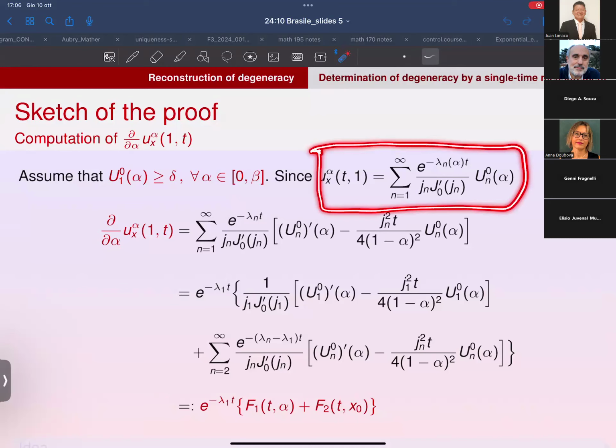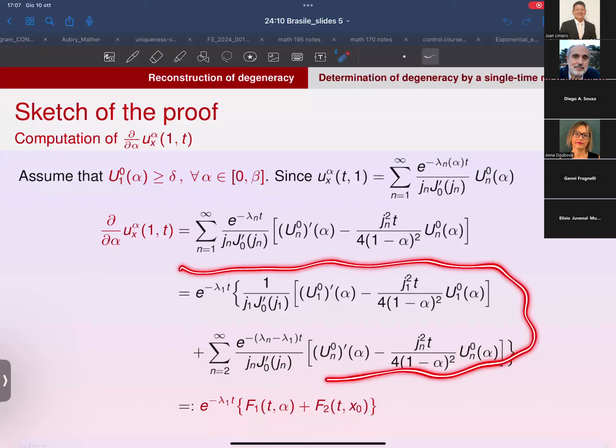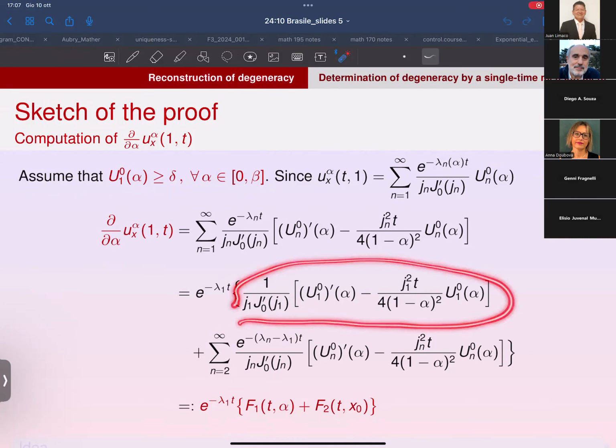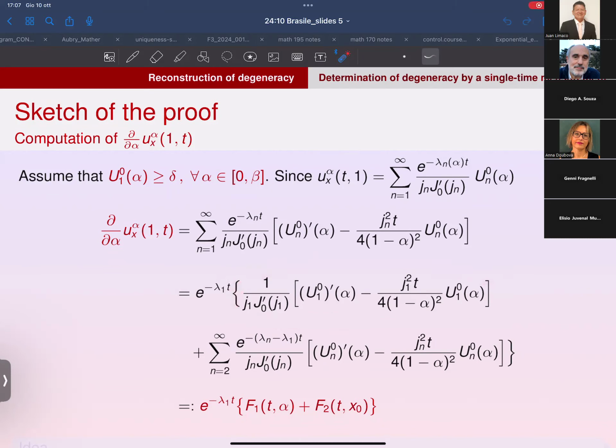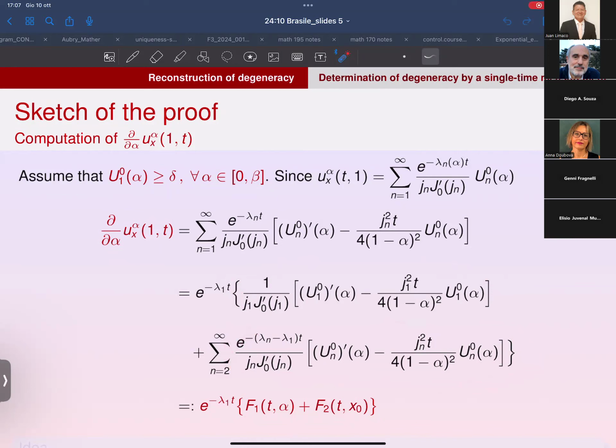Let us differentiate this expression with respect to alpha. When we differentiate the eigenvalue and the Fourier coefficient, we get a certain computation, which is in fact the sum of two terms. This one I'm going to call F1, and the other one I'm going to call F2.